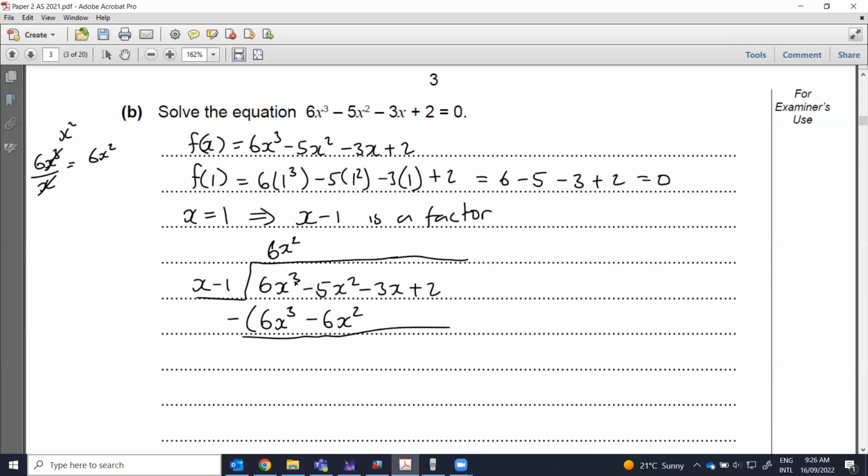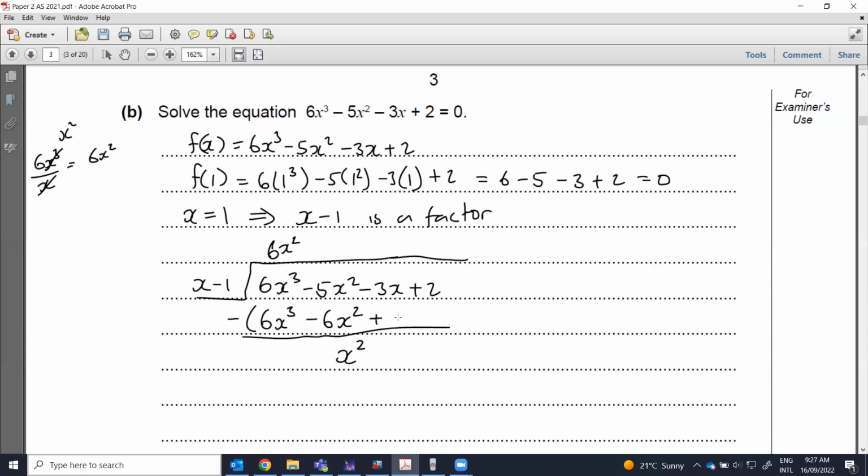So 6x cubed minus 6x cubed is 0. When it's a 0, you don't need to write it. And I have negative 5x squared minus negative 6x squared. Don't forget this minus here. That's why it's important to write it. So it's negative 5x squared minus negative 6x squared, which is positive x squared.